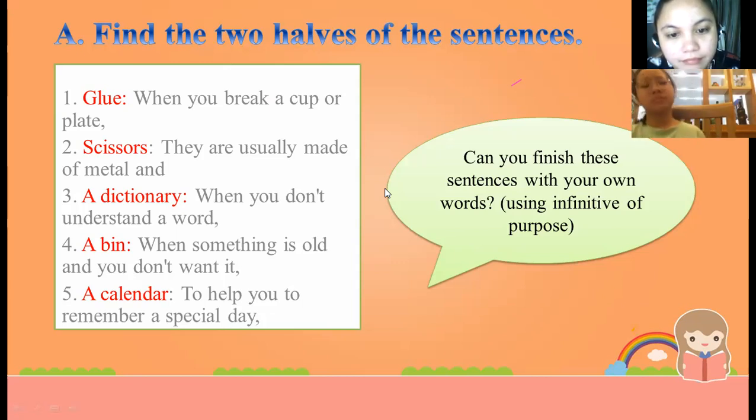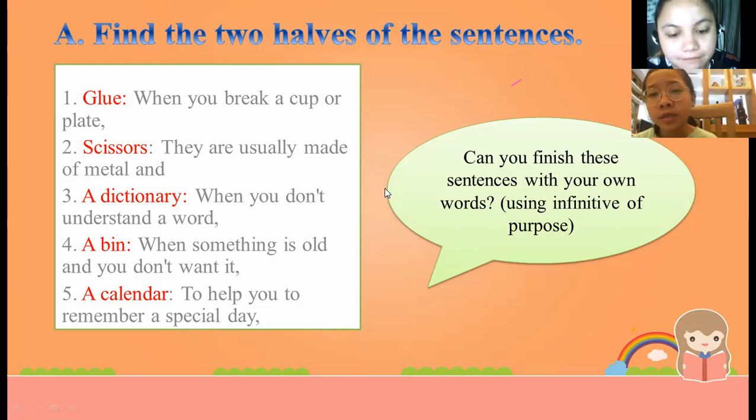So when you don't understand a word, you can look it up in the dictionary or you can look at the meaning in the dictionary. How about a bin?